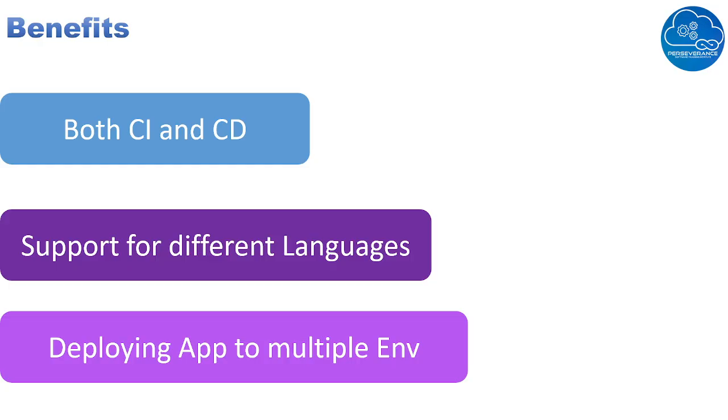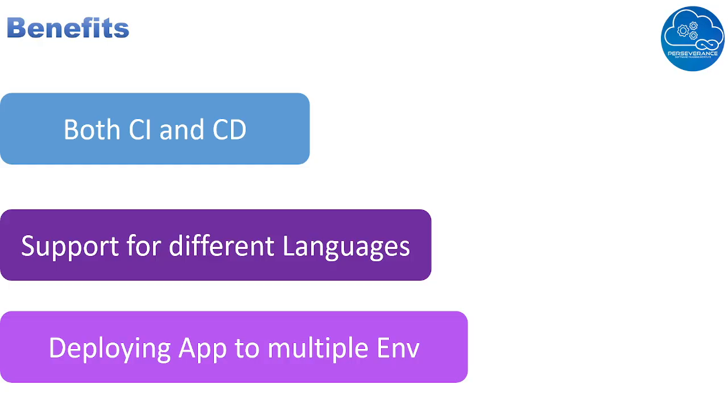I'll show that as well. The benefit is that we have the capabilities of both CI and CD combined here, so we can utilize Azure Pipelines for CI operations as well as CD operations. It is a single one-stop solution for enabling complete end-to-end software development and delivery automation.